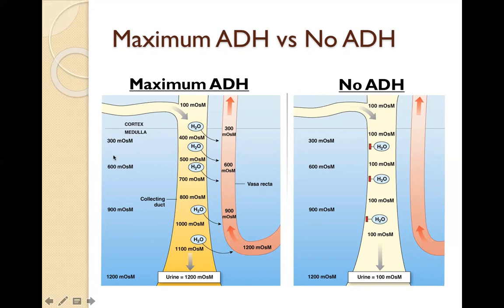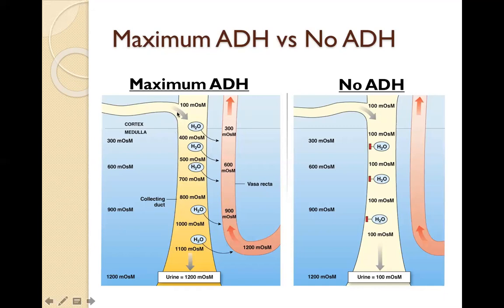As you go deeper into the medulla, the concentration of solute increases. And so you can imagine that if you have more antidiuretic hormone, as you pass through this more and more concentrated interstitium, more and more water is going to leave the collecting duct until it goes into equilibrium with the solute concentration in the medulla.